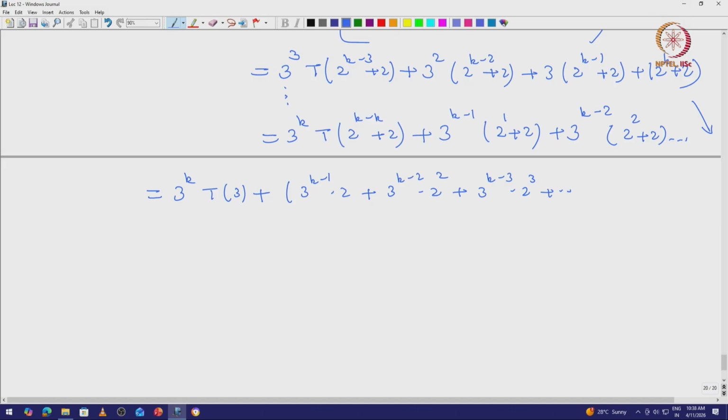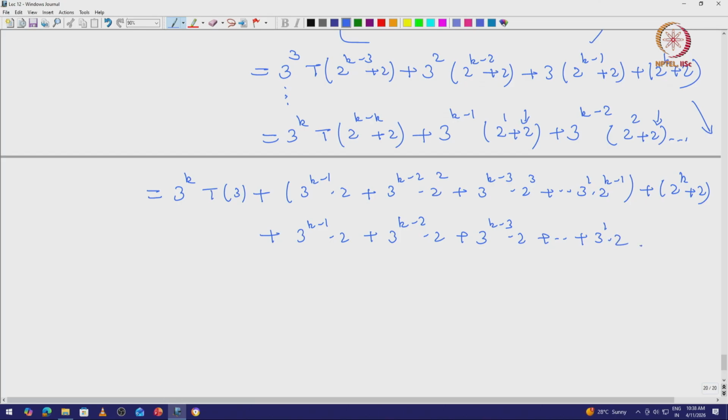And finally, I have 3^1 times 2^(k-1) plus 2^k plus 2, plus, these are the powers, then 3^(k-1) times 2 plus 3^(k-2) times 2, the 2 which is in every term, plus 3^(k-3) times 2 plus 3^1, finally 3^1 times 2.